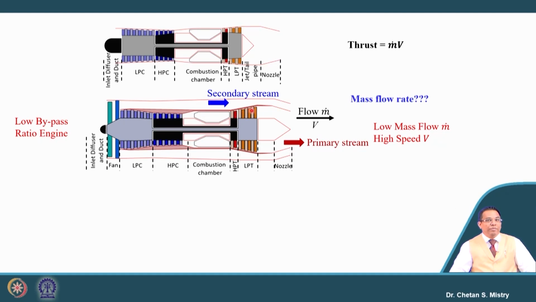Next, for the gas coming out from this core engine, the big issue in a turbojet engine is the higher exit velocity, which was generating a lot of noise. Since it is covered with my cold stream, it suppresses the noise.